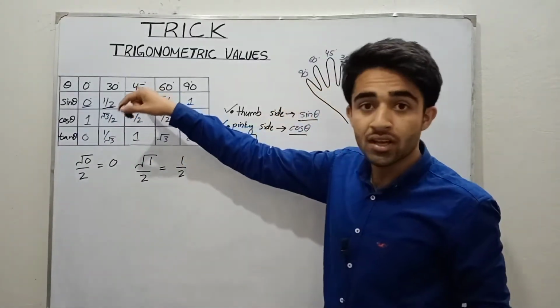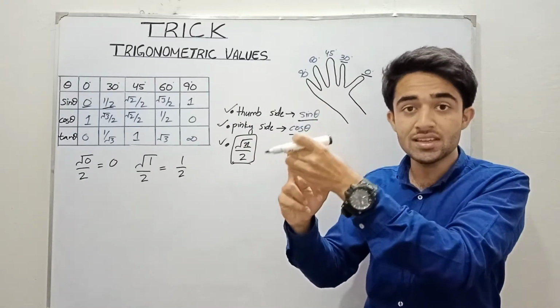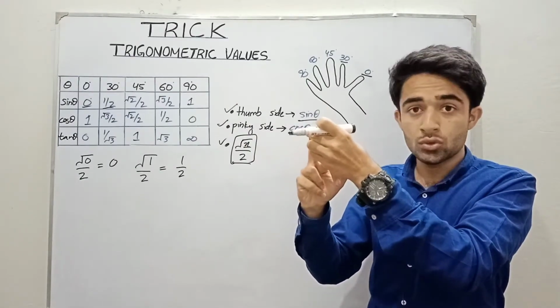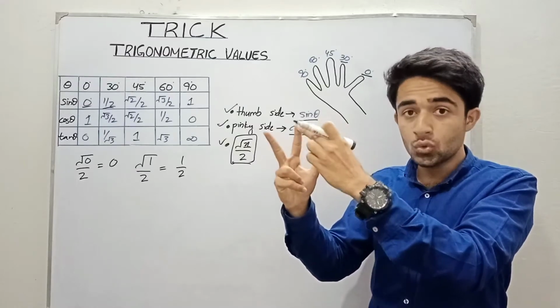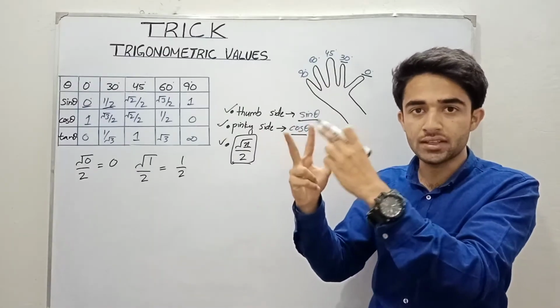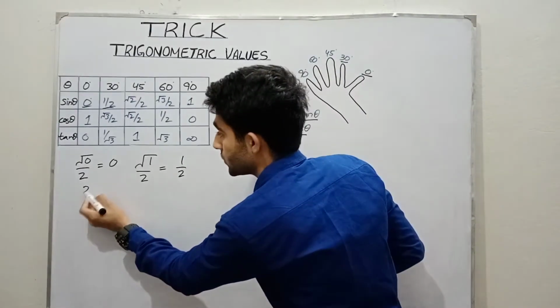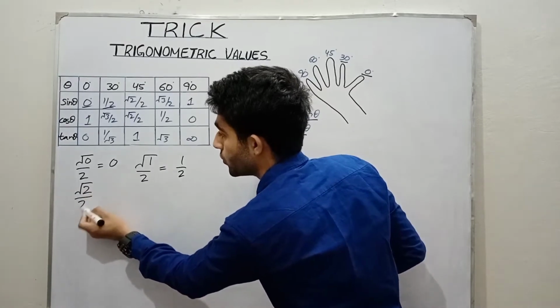Then the 45 degree is this finger. From this finger there are 2 fingers in the thumb side direction for sine theta. It means the value of x is 2, so root 2 over 2.